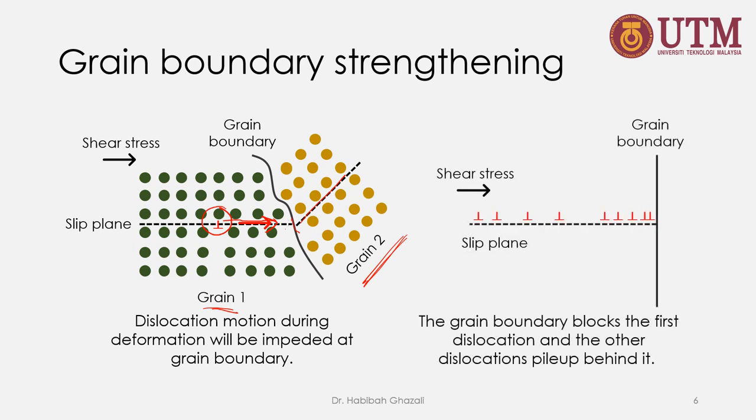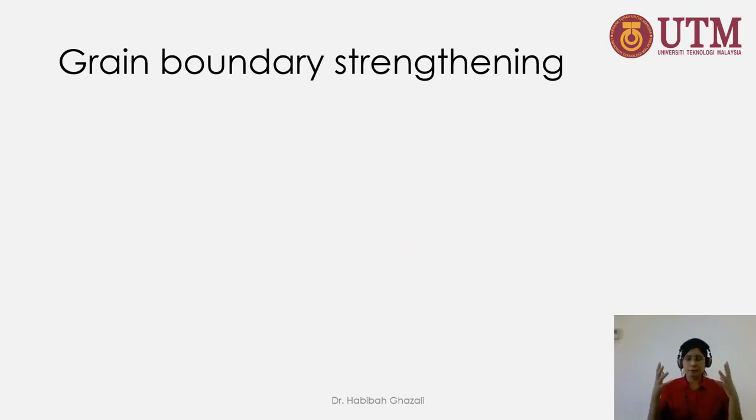If we talk about a lot of dislocations on that slip plane, the grain boundary will block the first dislocation and the other dislocations will pile up behind it. This will create tension in this region. The tension built by the piling up of the dislocations will build a driving force for slip activation in the neighboring grain.